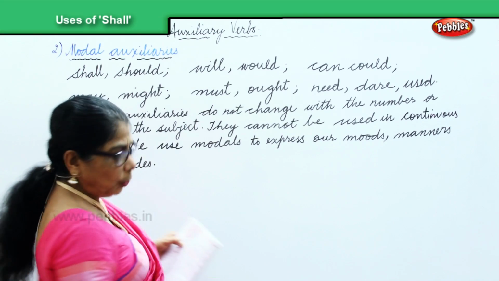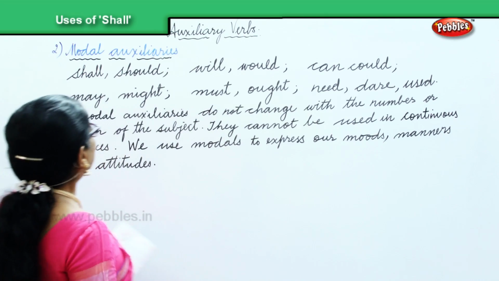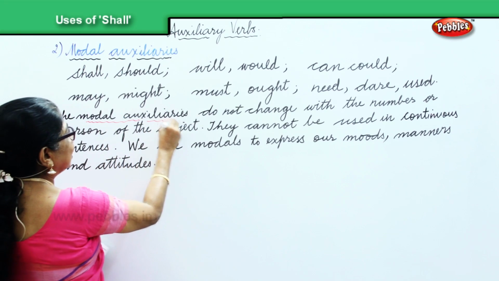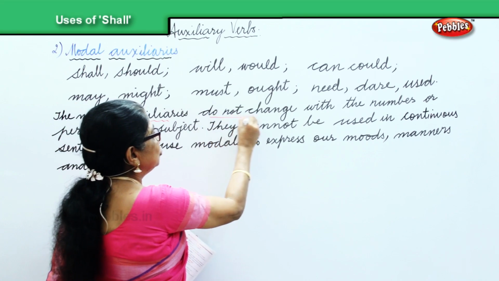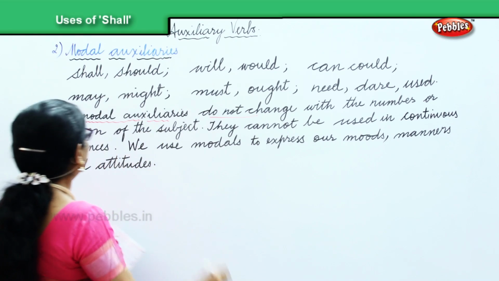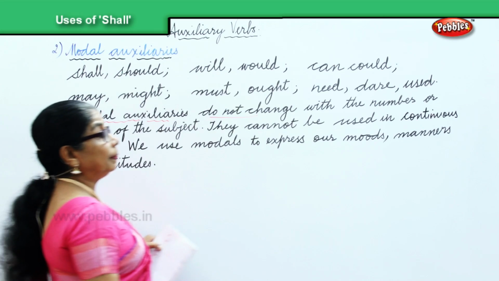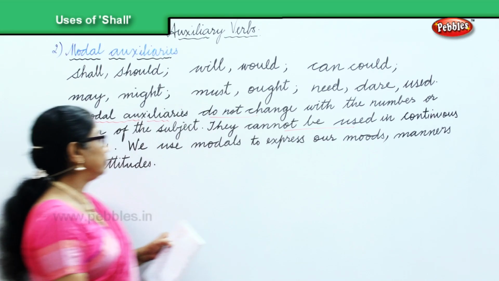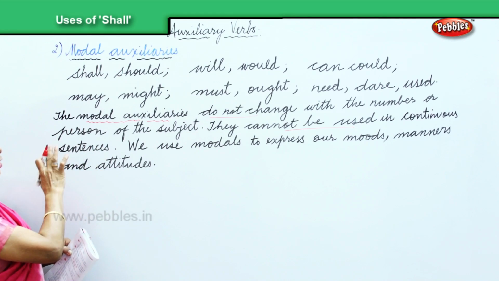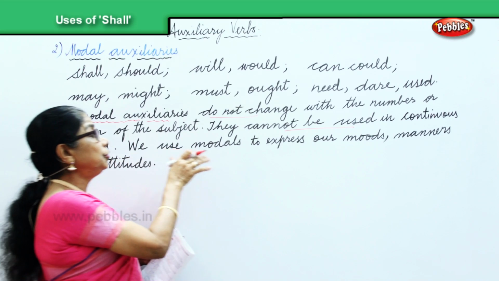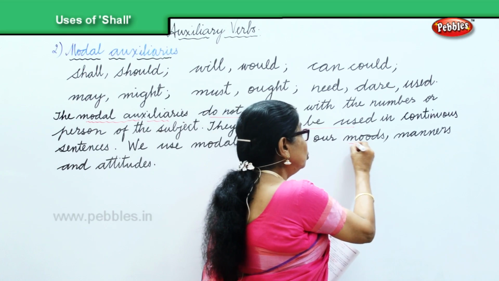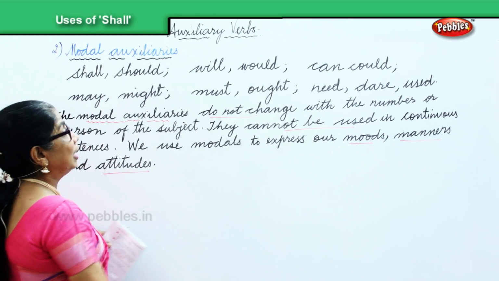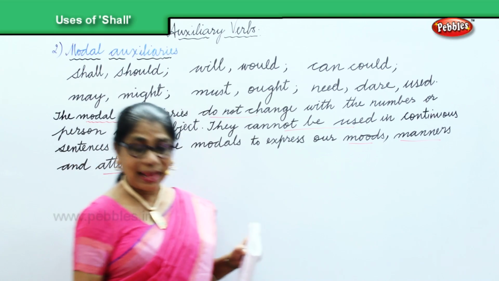Okay, let's look at what we mean by modal auxiliaries. Modal auxiliaries do not change with the number or person of the subject. They cannot be used continuously, in continuous sentences. Now, where do we use them? We use modals to express our moods, manners, and attitude. In these places, we use modal auxiliaries.